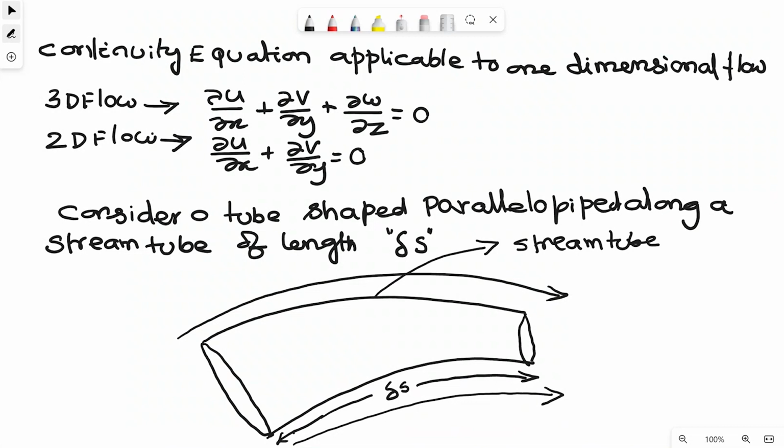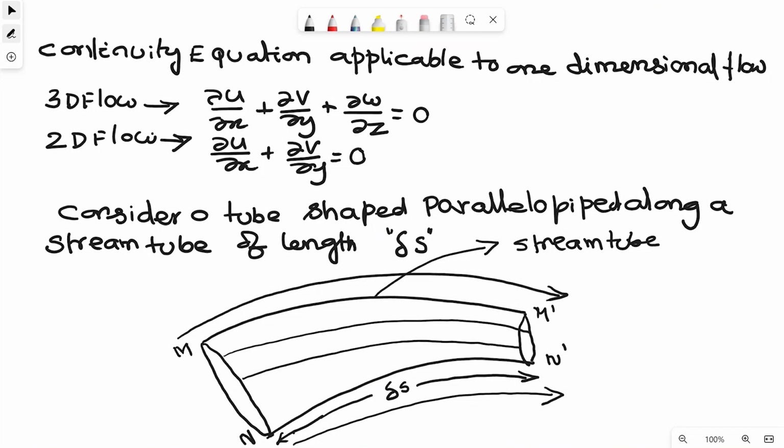Let me call this MN and this M dash N dash. Now you all know that in the case of a stream tube, the flow is tangential to the stream tube and there is no flow across the stream tube. So kindly remember that the entire flow is in the tangential direction. These are all the streamlines.